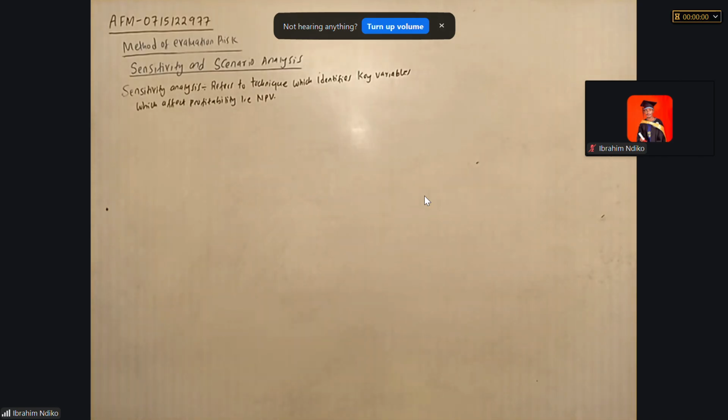So when we talk about sensitivity analysis, this is the analysis which identifies the key factors which affect the profitability. In our case, profitability is NPV.